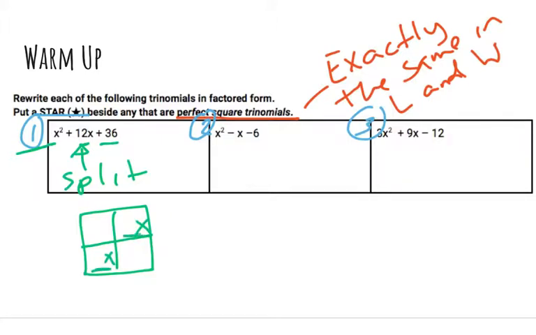So I know that those have to either add or subtract to give me 12, but I don't know exactly what they are. So I always start with x squared, which always goes in this first box, and the positive 36, which goes in this last box. And I didn't put plus because if there's no negative, we assume it's plus.